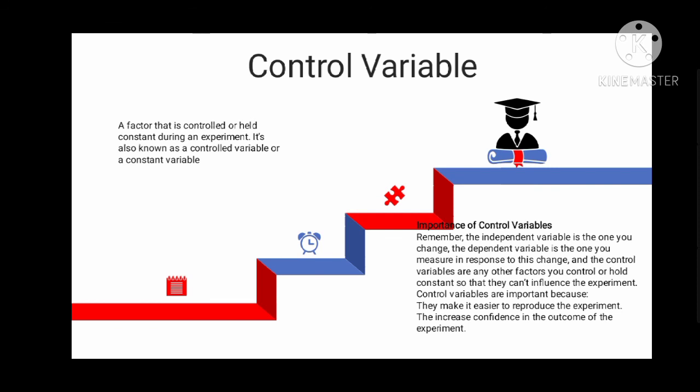Another example of control variables is the duration of the experiment. For example, how many times you do the experiment is also important because in the end it also affects the results, right? Another example is the temperature, humidity, or pressure you give to your experiment.